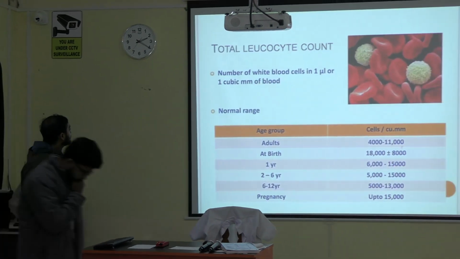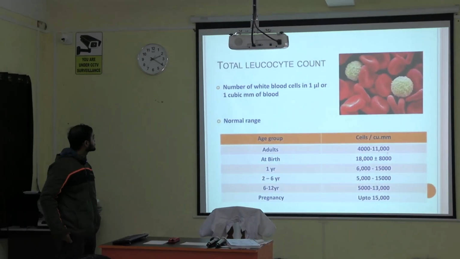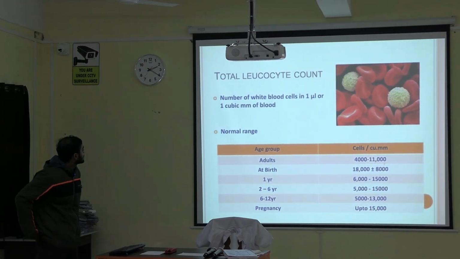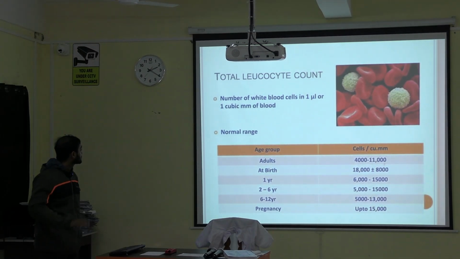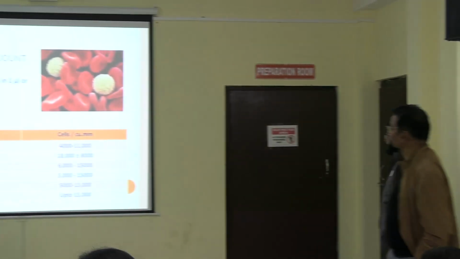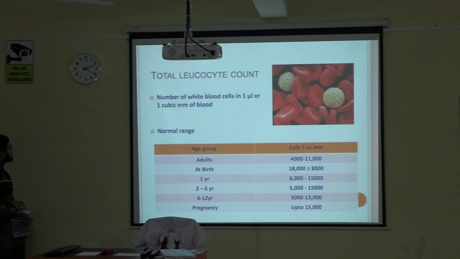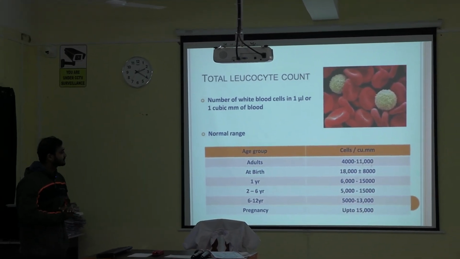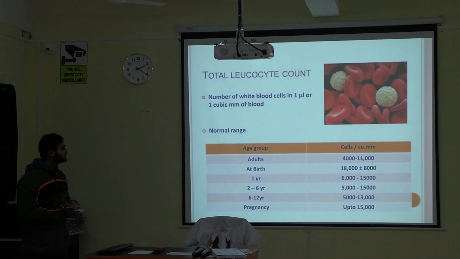First, the number of WBC is normally counted in 1 microliter, or we can say 1 cubic mm. The normal range of total leukocyte count in adults is between 4,000 to 11,000.